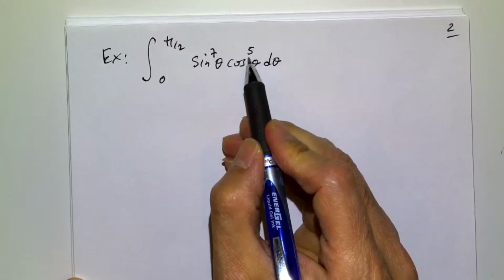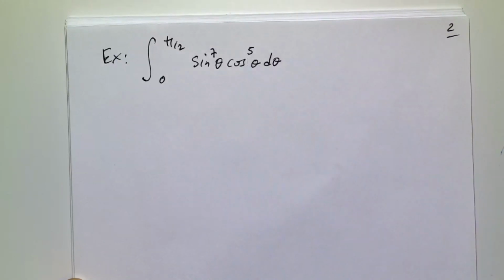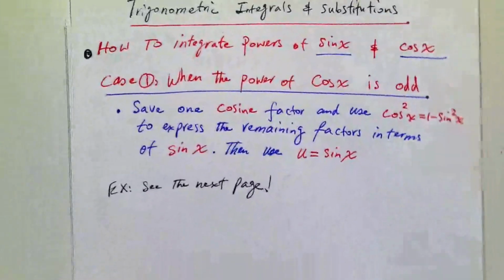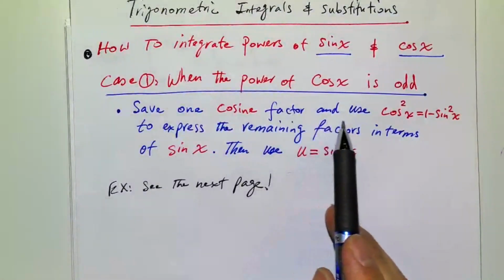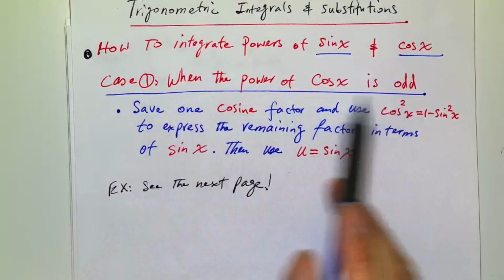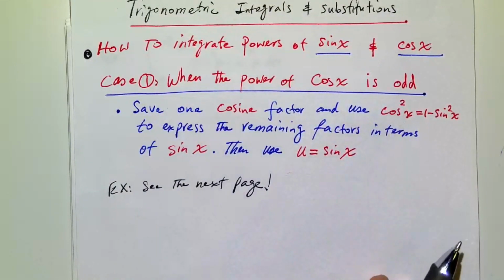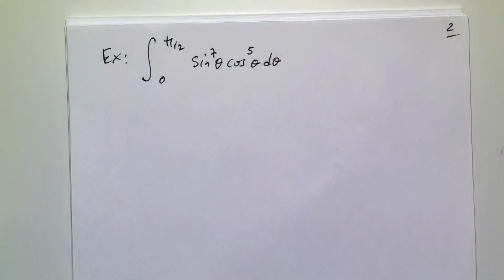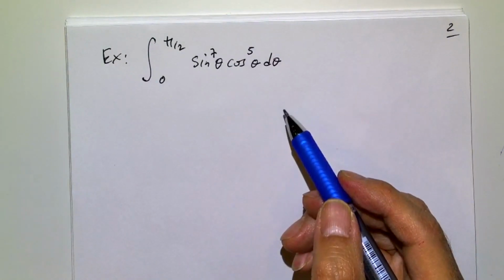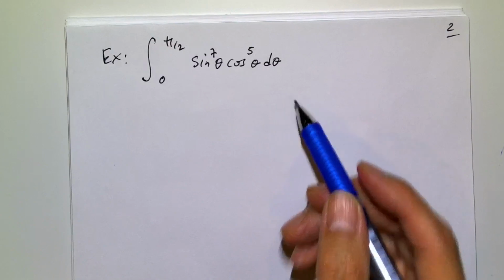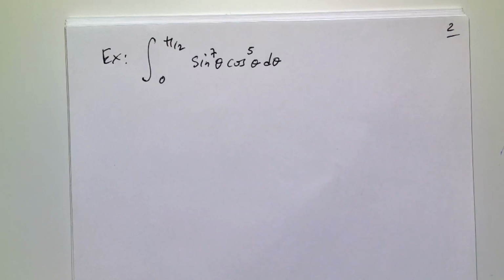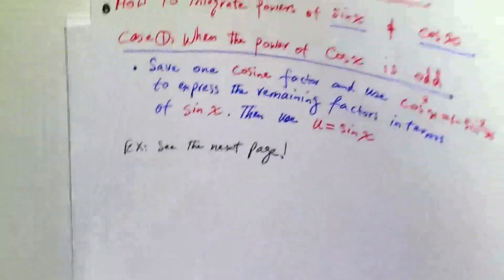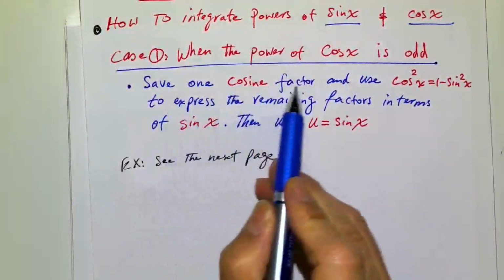Right away you notice that this is the case we're talking about, where the cosine of x has an odd power. So that fits. What we said is that we want to save one factor of cosine theta, so save one cosine factor.